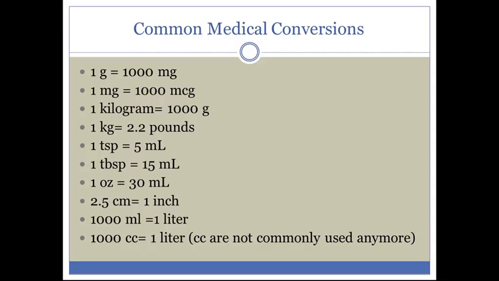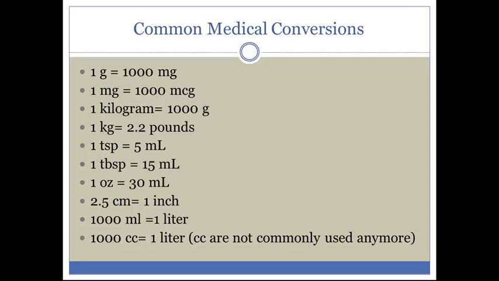So 1 gram equals 1,000 milligrams. 1 milligram equals 1,000 micrograms. 1 kilogram equals 1,000 grams. 1 kilogram equals 2.2 pounds. 1 teaspoon equals 5 milliliters. 1 tablespoon equals 15 milliliters. 1 ounce equals 30 milliliters. 2.5 centimeters roughly equals 1 inch.